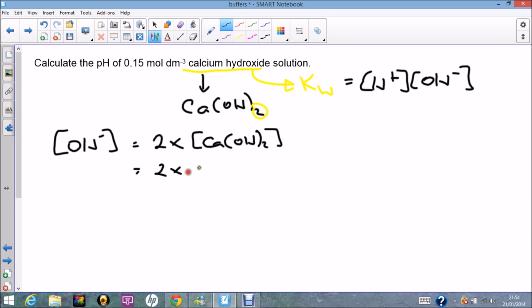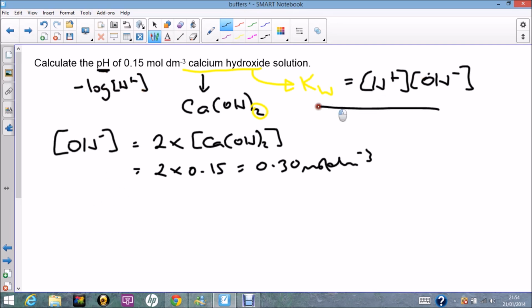So that's 2 times 0.15 gives us 0.3 moles per decimetre cubed. Then I'm going to go to the Kw expression. If I want the pH, then what I need to be able to do is minus log of H plus. Therefore I'm going to need to rearrange the Kw expression to give H plus equals Kw divided by OH minus.